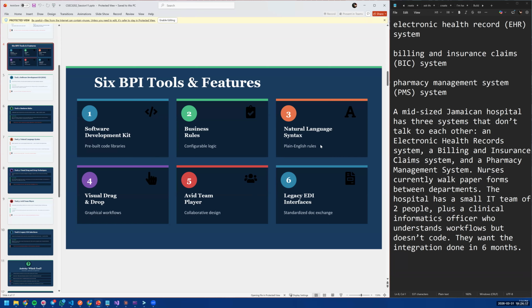So yeah. Okay. In this case, let me just check. I was wondering if the legacy EDI one was relevant. So it says if the insurance company requires EDI formats. Oh yeah, because they're trying to incorporate the billing and insurance claim systems.